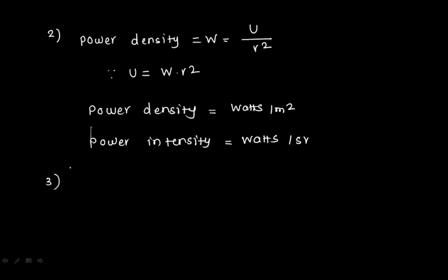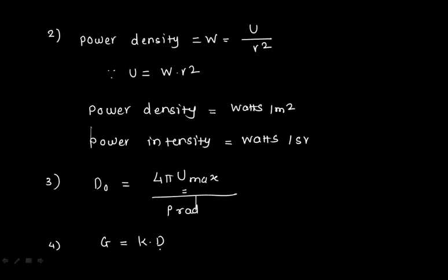The third formula is the maximum directivity. D0 is equal to 4 pi U max divided by radiated power. I need to take the maximum radiation intensity. And the fourth is the gain, which we have seen in the previous session. G is equal to K into D, where D is directivity and K is the efficiency.